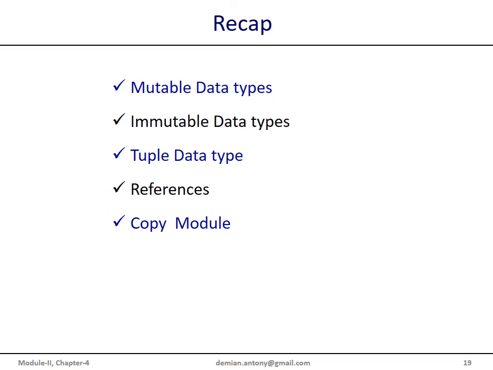There is a special data type called tuple, which is very similar to list. The difference is tuple is an immutable data type, and all the operations on lists are even supported for the tuple data type.